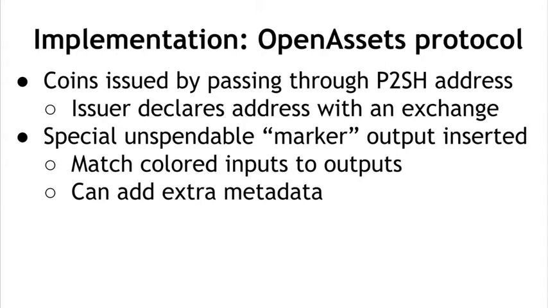Now, every time that you have a transaction that involves colored coins, you have to insert a special marker output. So this is an unspendable output, kind of like in the case of commitments, that allows us to write some extra metadata into the transaction. And that metadata, which I'm not going to discuss in detail because it's fairly tedious, simply says, of all the colored coins coming into this transaction and all the outputs of the transaction, how the color is divided between the different outputs.